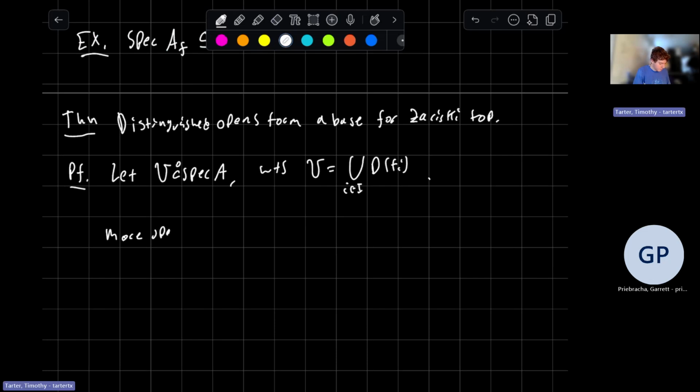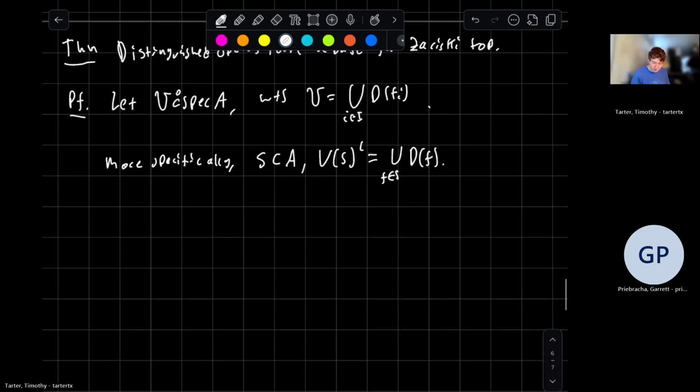More specifically, given S contained in A, the complement of its vanishing set is the union of polynomials in the subset of the doesn't vanish set.